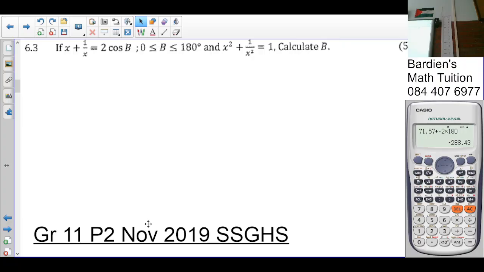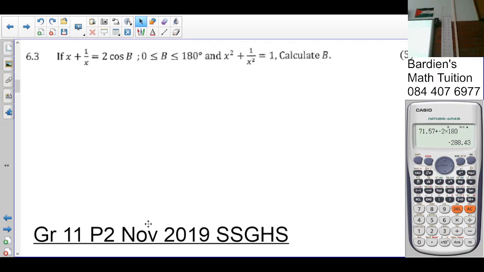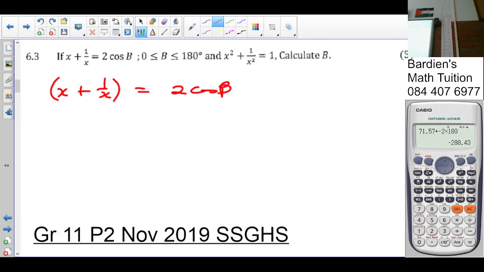So if you look at this here, for me to land up with the square, I have to say x plus 1 over x is equal to 2 cos beta. To end up with the square, I'm going to square both sides. Not so.